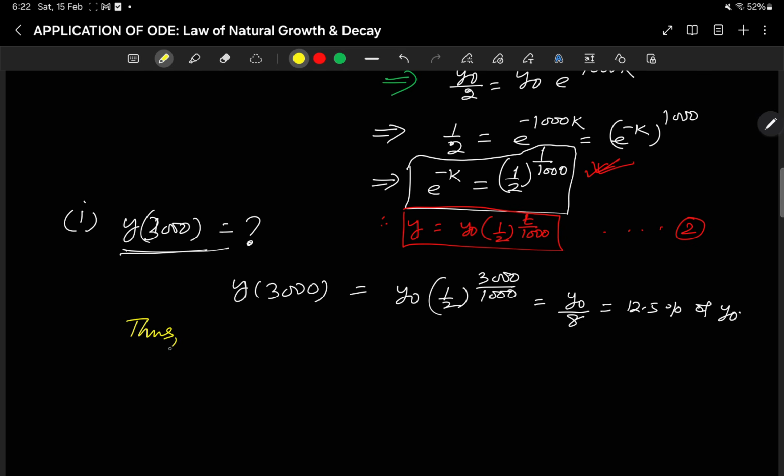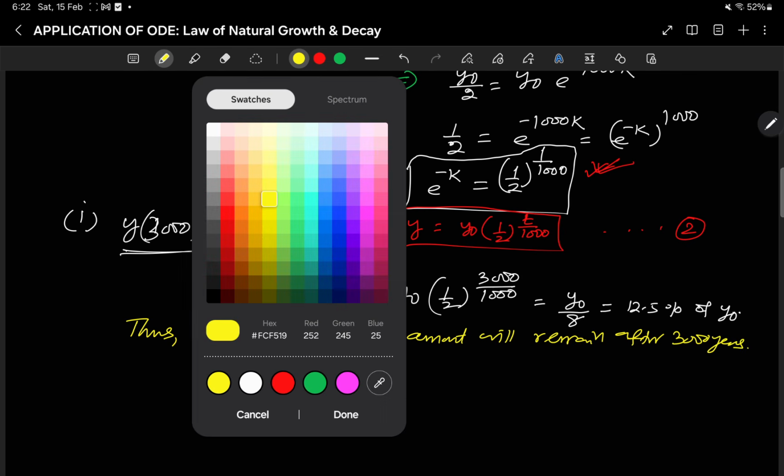Thus 12.5% of the original amount will remain after 3000 years.